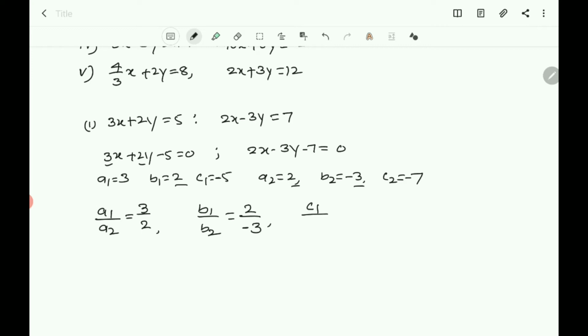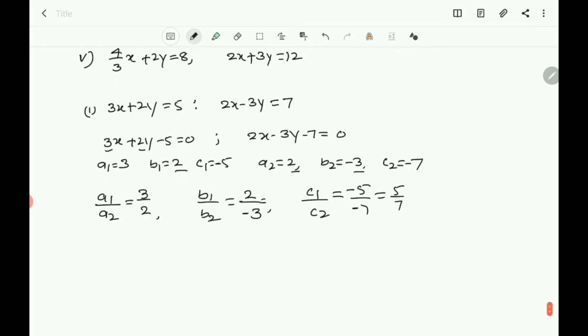Next c1 by c2 is minus 5 by minus 7, that is equal to 5 by 7.